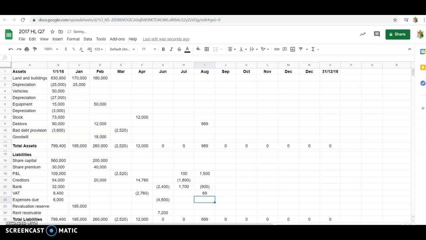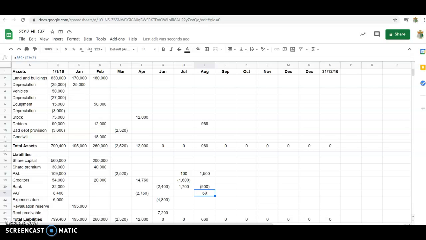So €69 is going into your VAT account. Am I adding it on or am I subtracting it? Well, on sales, you receive the VAT and then you need to pay it over to the revenue commissioners. So yeah, that €69 is money you owe to the revenue commissioners. So you're right to increase the liability for that. Okay, so VAT on sales, you owe it to revenue, so it creates a liability.